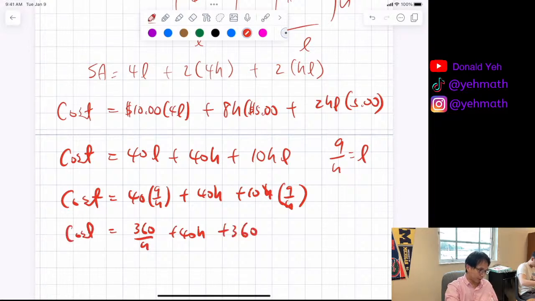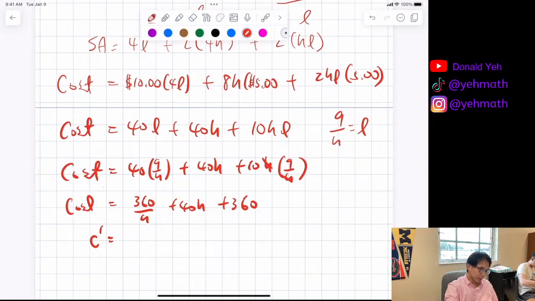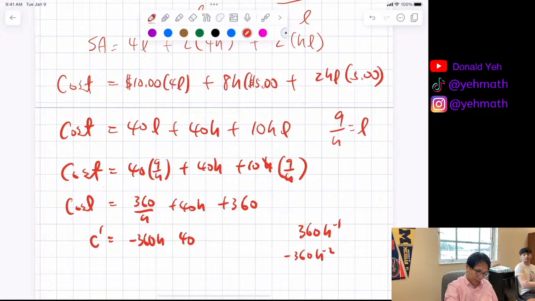Because if you take a derivative, C prime equals, this one completely goes away. This is 40. And 360 H to the negative 1, if you take a derivative, is negative 360 H to the negative 2.